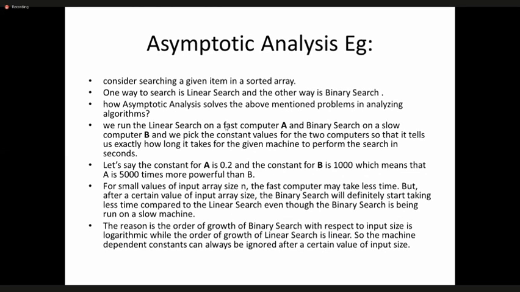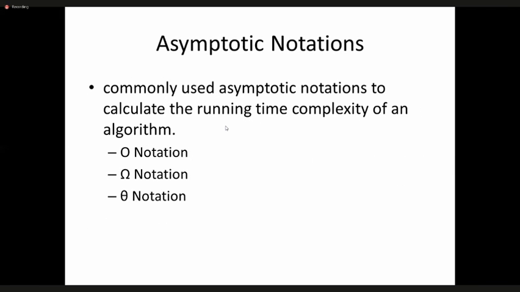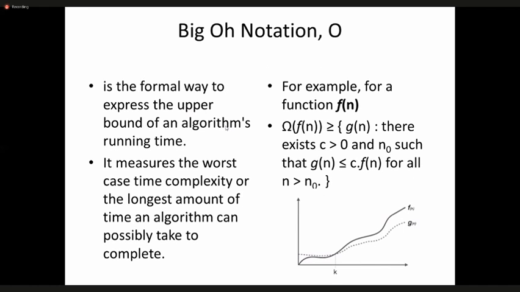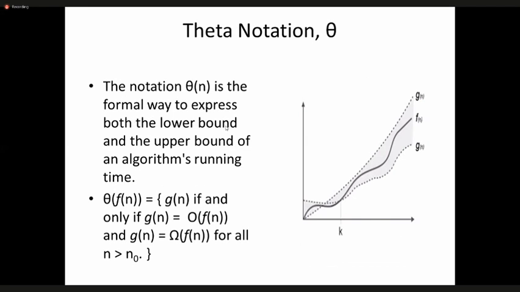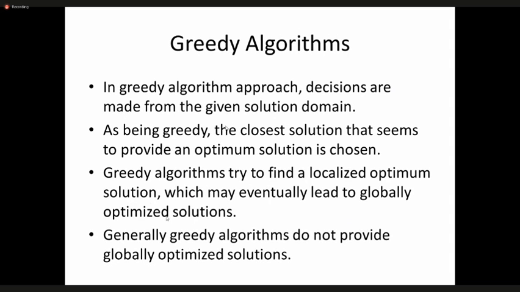Then asymptotic analysis, then asymptotic notation. After that we have discussed about the big O notation, then omega notation and the theta notation, right? Then today we have to discuss about the greedy algorithms, right?